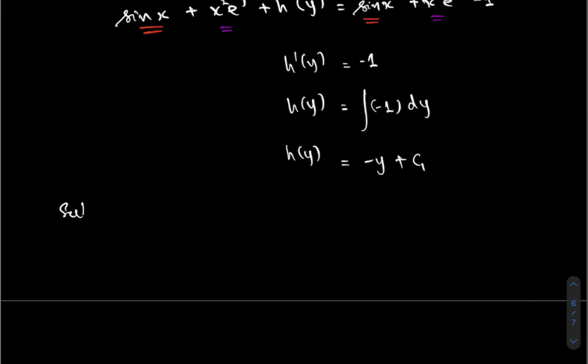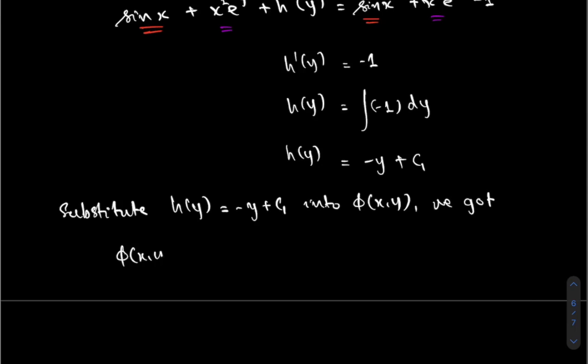So substitute h of y equal to minus y plus c1 into phi of x, y. We get phi of x, y equal to y times sine of x plus x squared e to the y minus y plus c1. And you can set this equal to a constant k, which allows you to get the solution curve or the level curve.